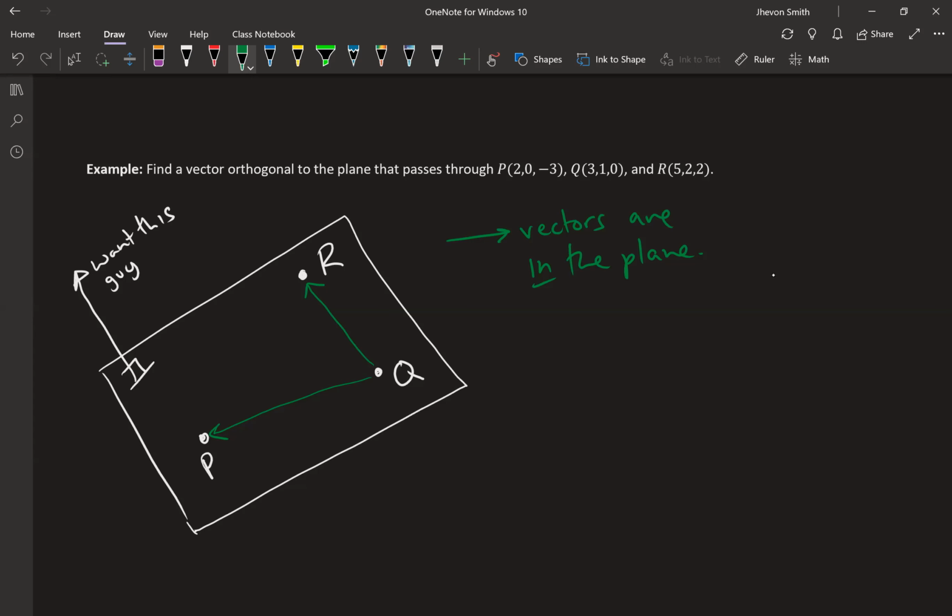Based on what we were talking about yesterday, if I know 2 vectors in the plane, then I can find a vector that's orthogonal to the plane by doing what? What kind of vector do I need to find? So I can definitely find those 2 vectors, QP and QR.